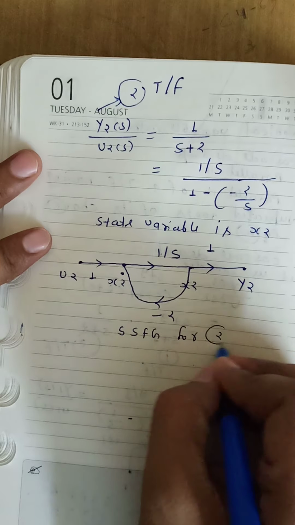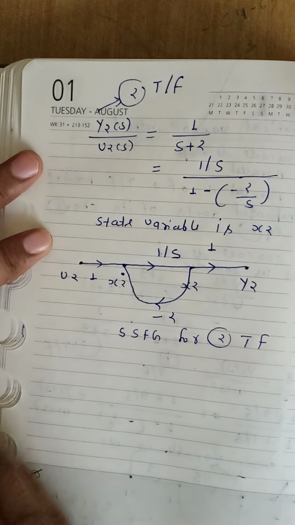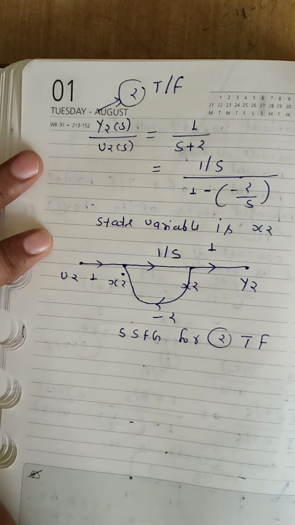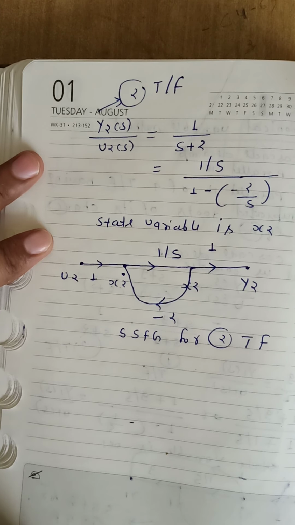Let us combine the state signal flow graph for the first transfer function and for the second transfer function. Then we have a state signal flow graph for the given transfer function, that means for (s plus 9) over (s plus 1)(s plus 2).